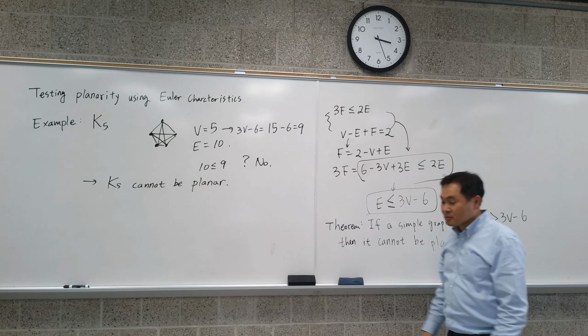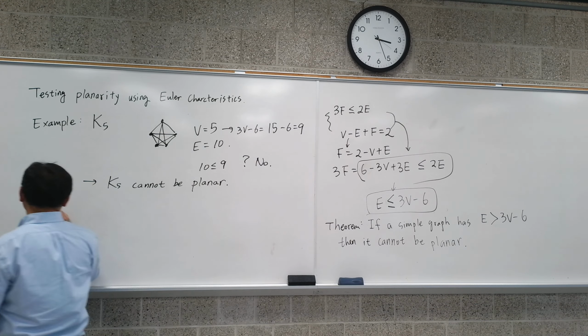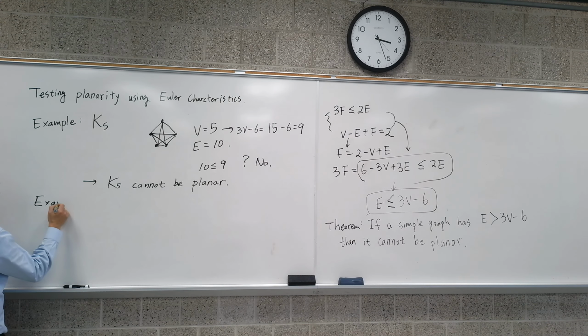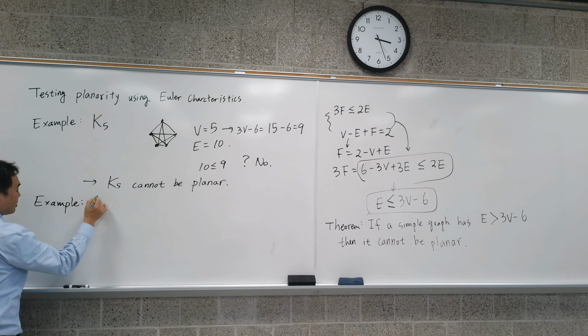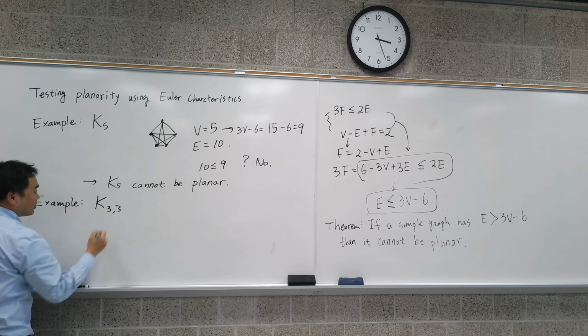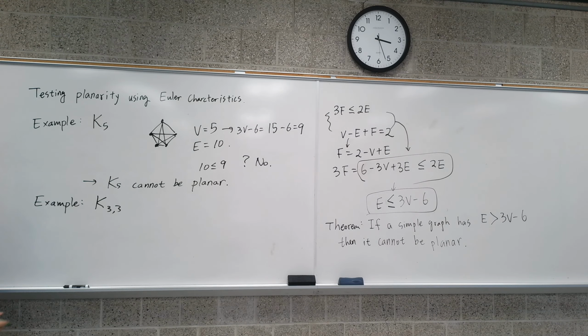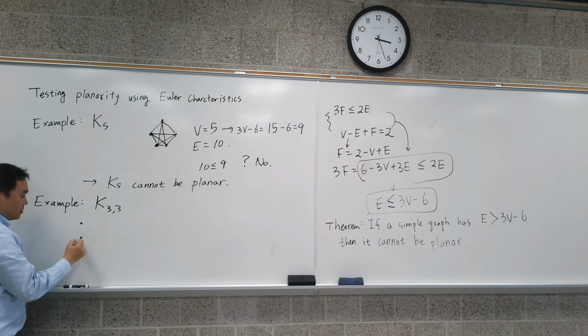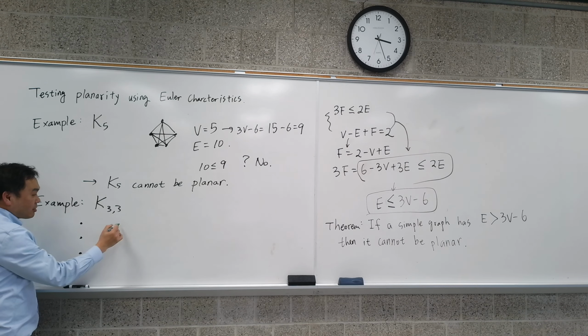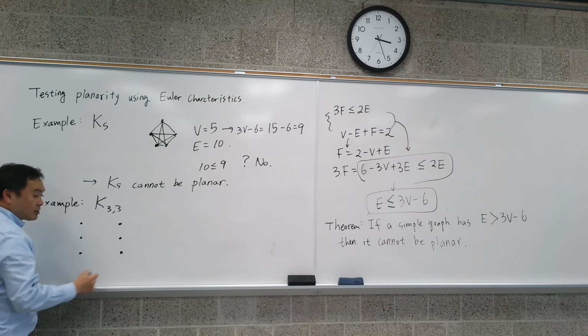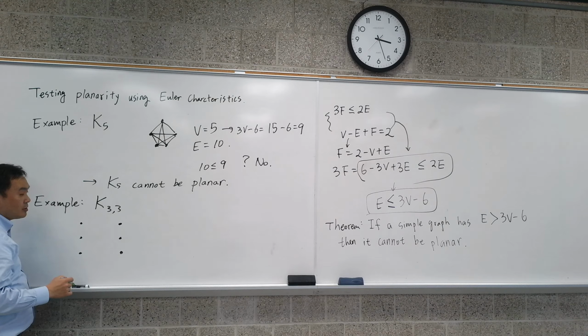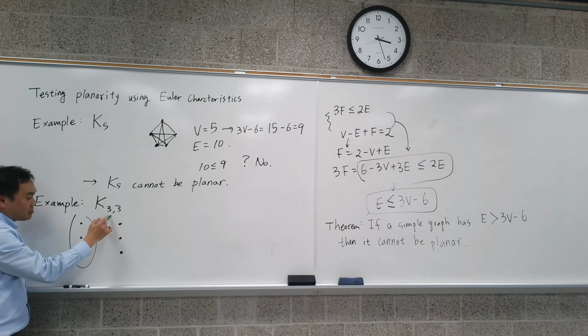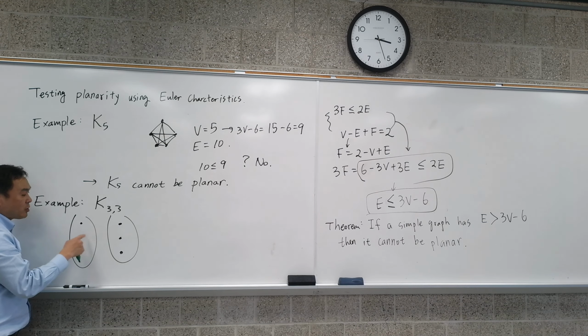Remember that there was this other example where we had K33. What is that? You have 3 vertices on this side and 3 vertices on this side, and it's what's known as the complete bipartite graph. Bipartite means you have 2 groups where inside each group there shouldn't be any connections.